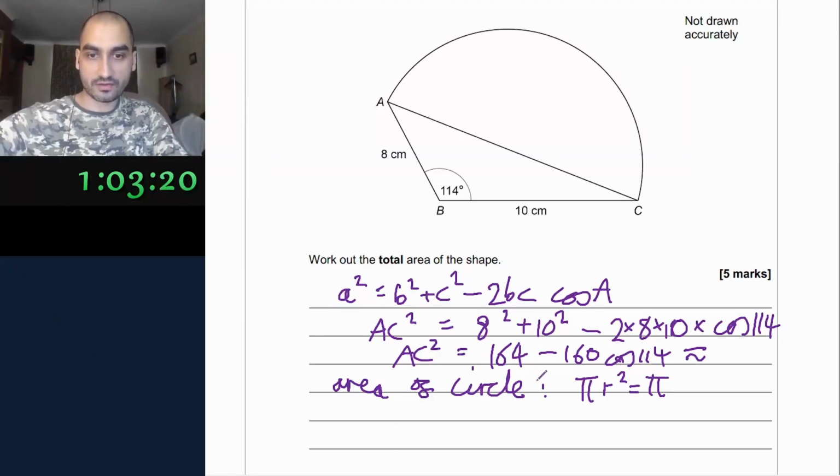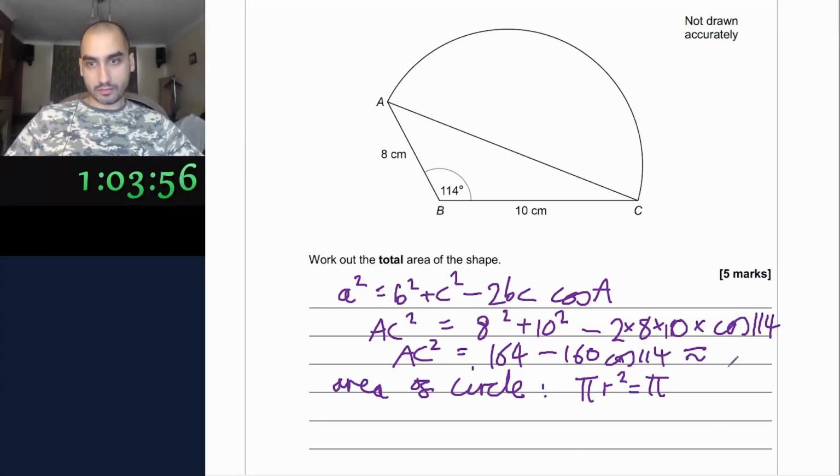Alright, so 164 minus 160 cosine 114. That's 229.08. 229.08.